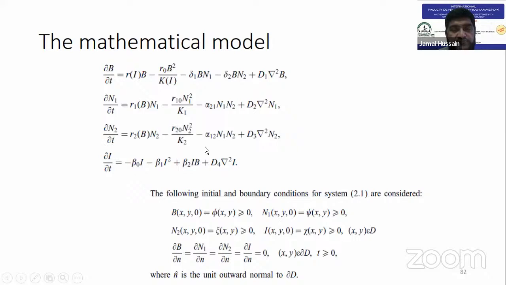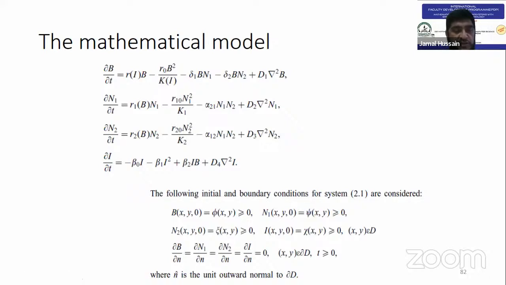And similarly, the other equation. Here also a negative term because of N1. And this is industrialization. Okay. So of course these two terms are negative, but industry will depend on the biomass.